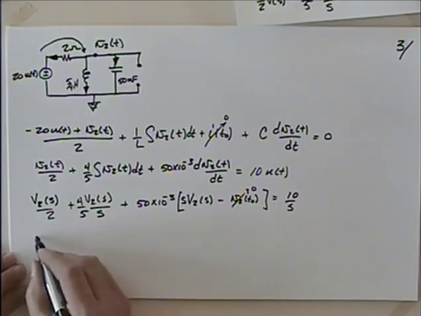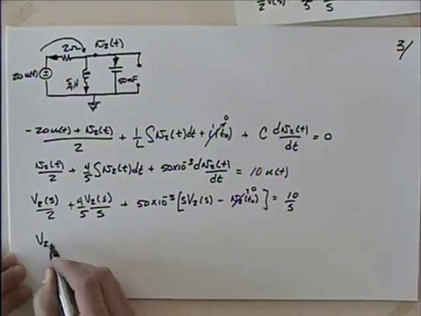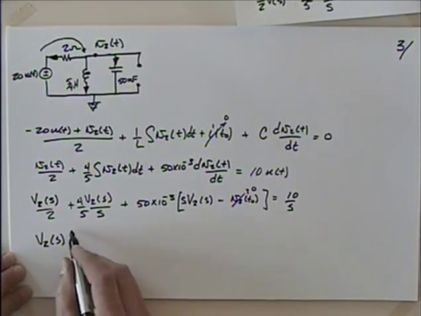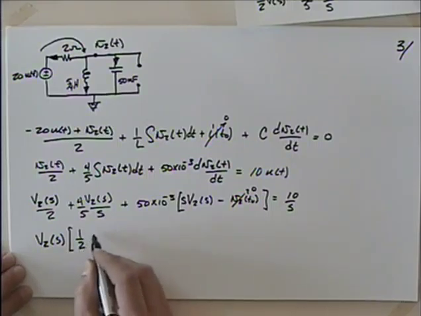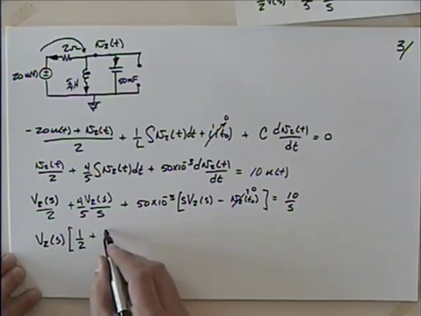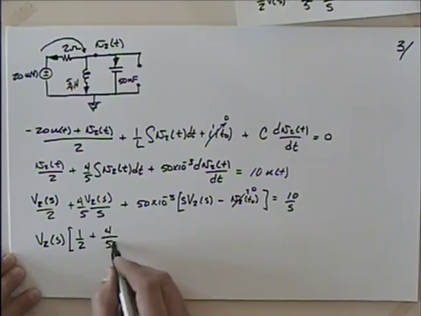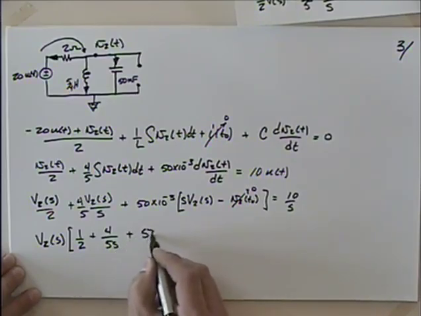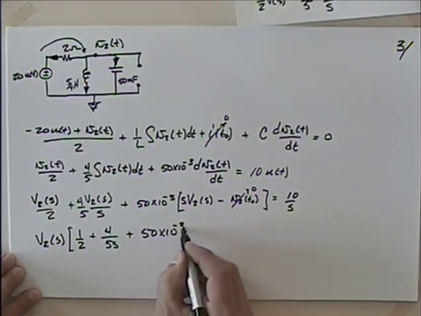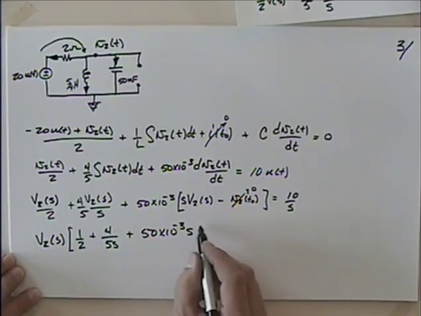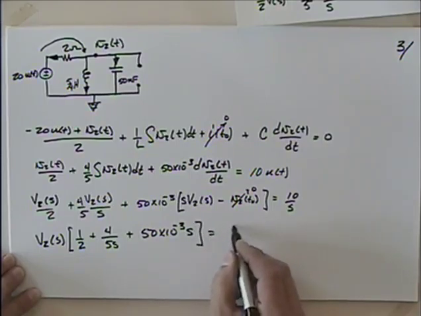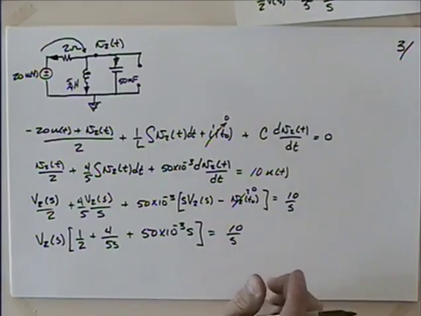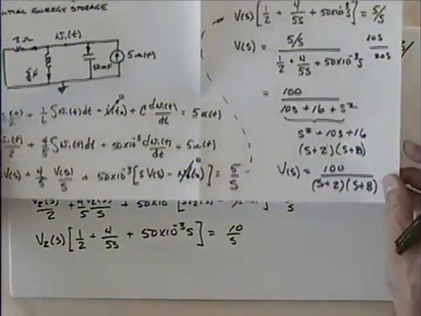So I could say, factoring out a V2 in the S domain, I have a half plus 4 over 5S plus 50 times 10 to the minus 3, and this time I won't forget the S, is equal to 10 over S. And does that look like what we had before? Fairly similar.